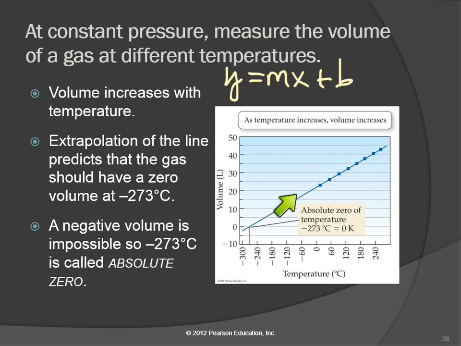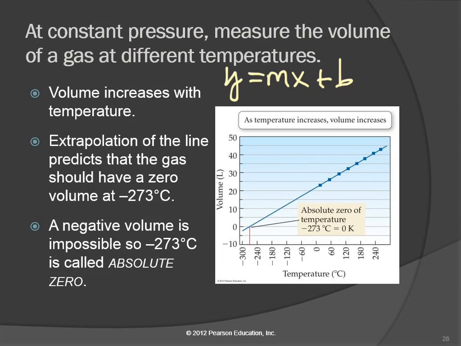And so observations like this are what led to a new temperature scale, the Kelvin scale. They said, well, wouldn't it be convenient if this was 0 on the temperature scale, and then the intercept here would be 0, 0. This is predicting also the lowest possible temperature.